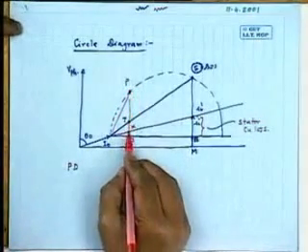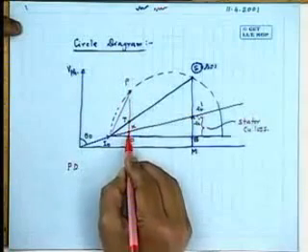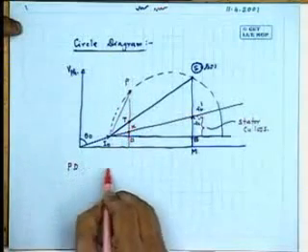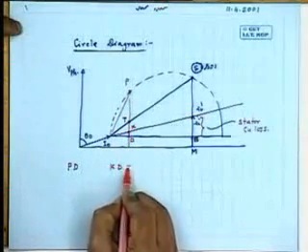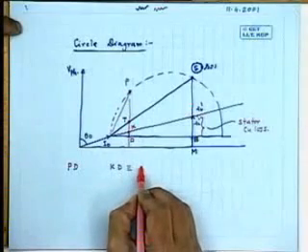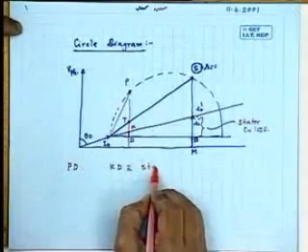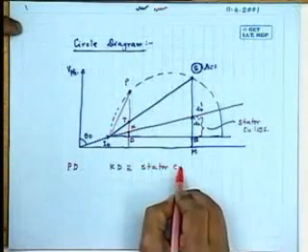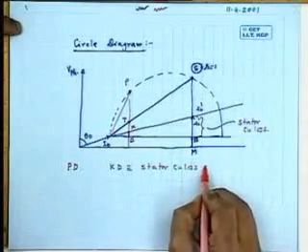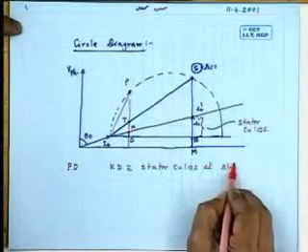So out of PD, this length KD will represent the stator copper loss at slip S.